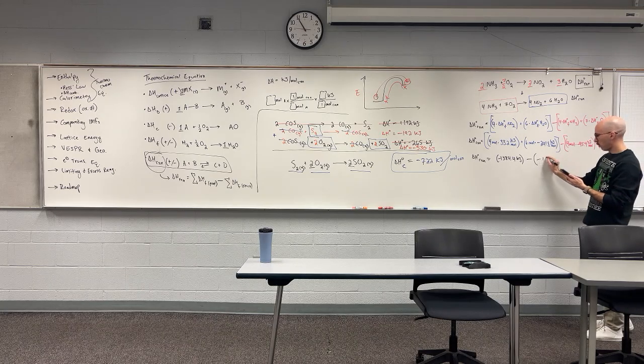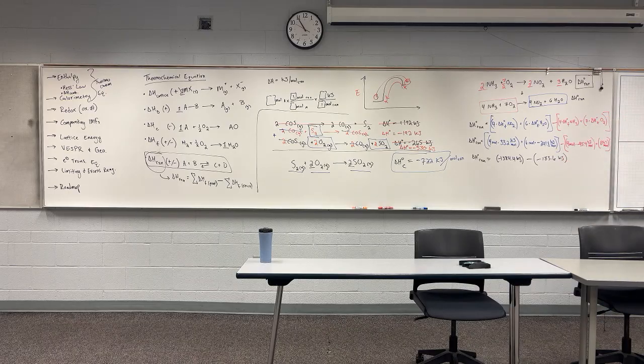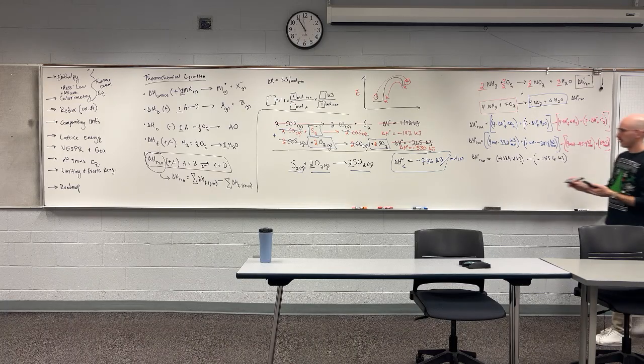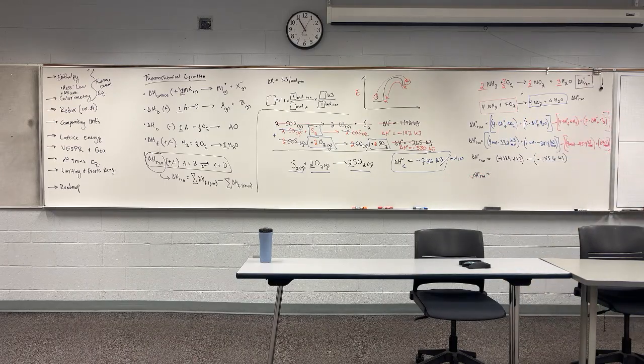And negative 183.6 kilojoules for my reactants. A negative minus a negative is a negative plus a number. Tell me what you guys get so I can see if my calculation worked out too.